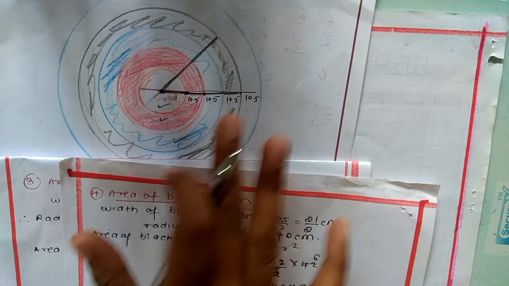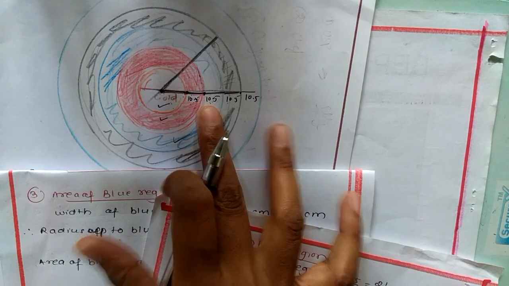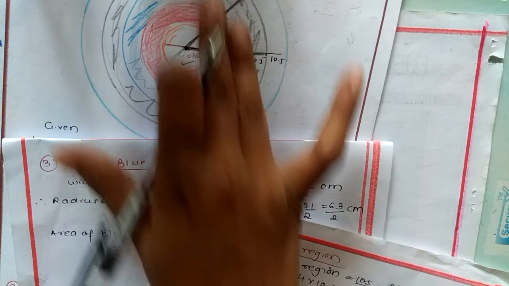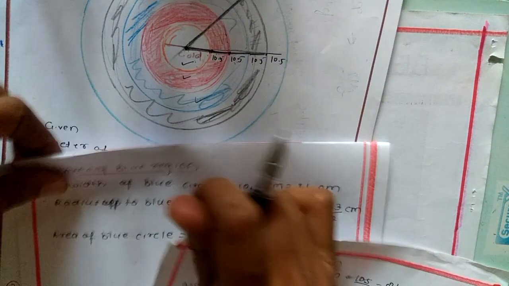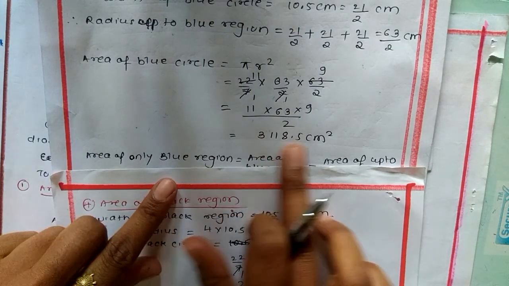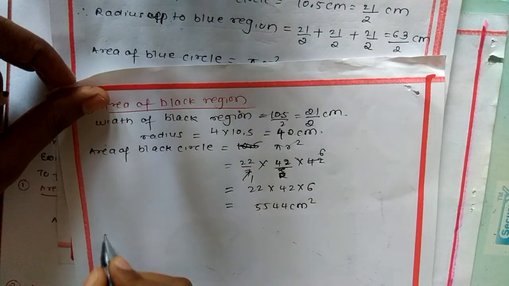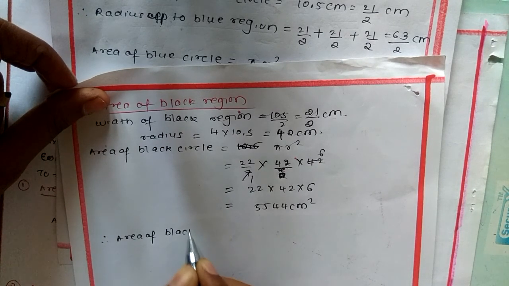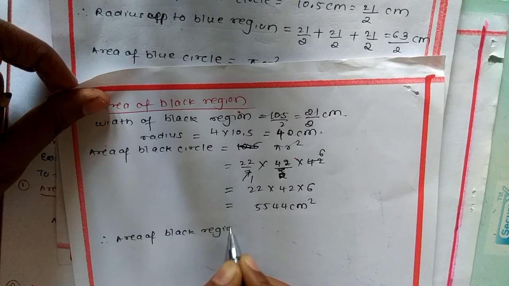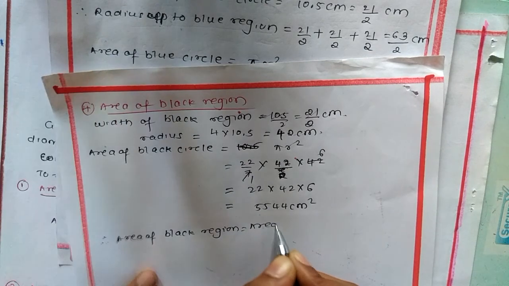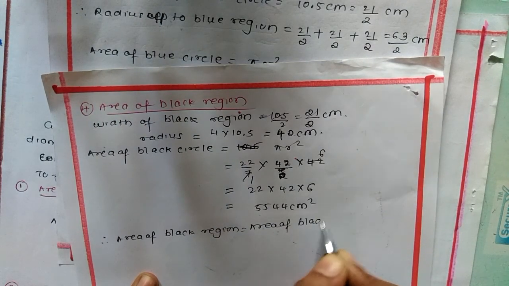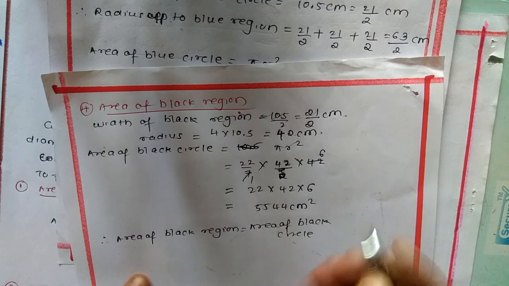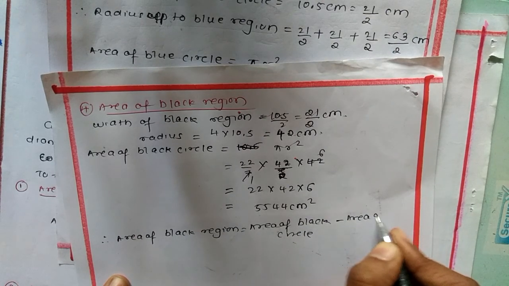So we will subtract the area of the full black circle and the area of this blue circle. Blue circle area we have here, isn't it? Therefore, area of black region, that is the ring, equals area of black circle minus area of blue circle.